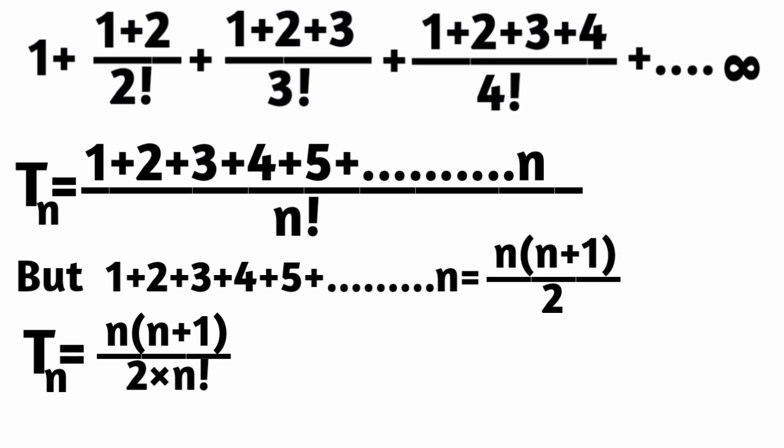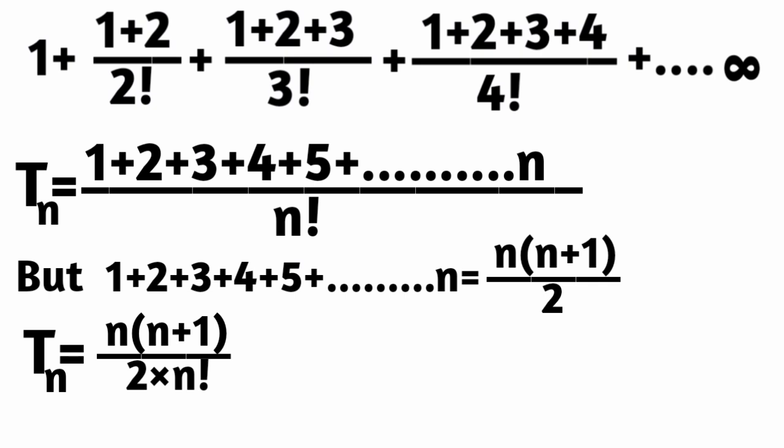And so you can see that the general term of the given series can be written as n into (n plus 1) divided by 2 into factorial n, where n is the number of terms of the given series.